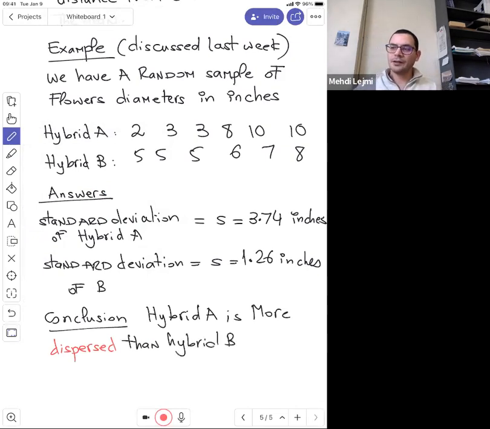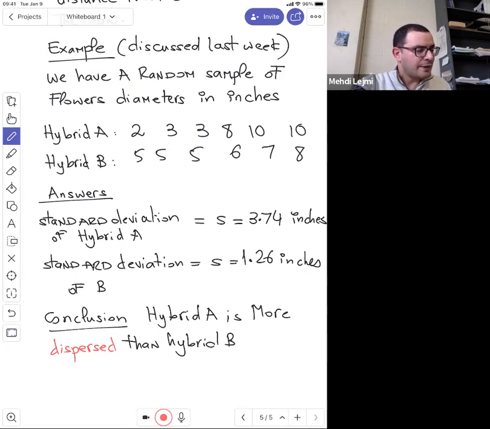All right. We have two random samples, and you want to compare their standard deviations to see which sample is more dispersed, or which sample is more constant than the other one.